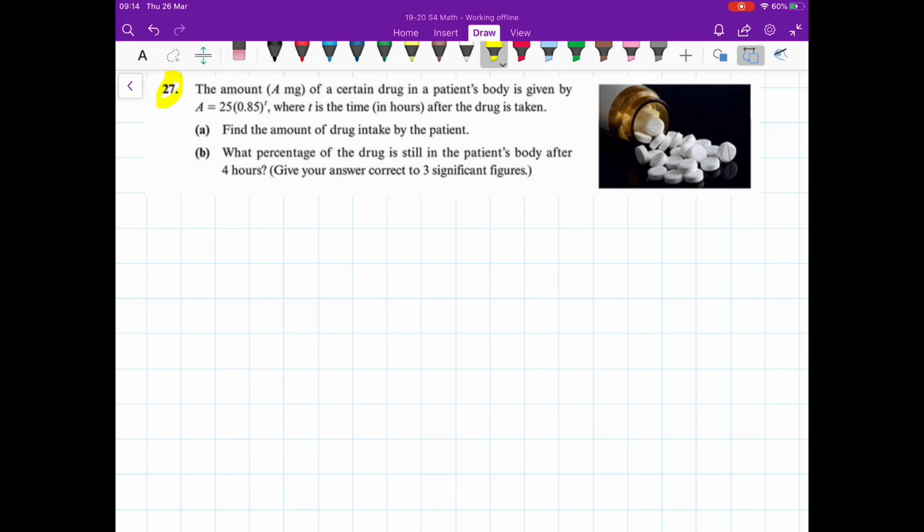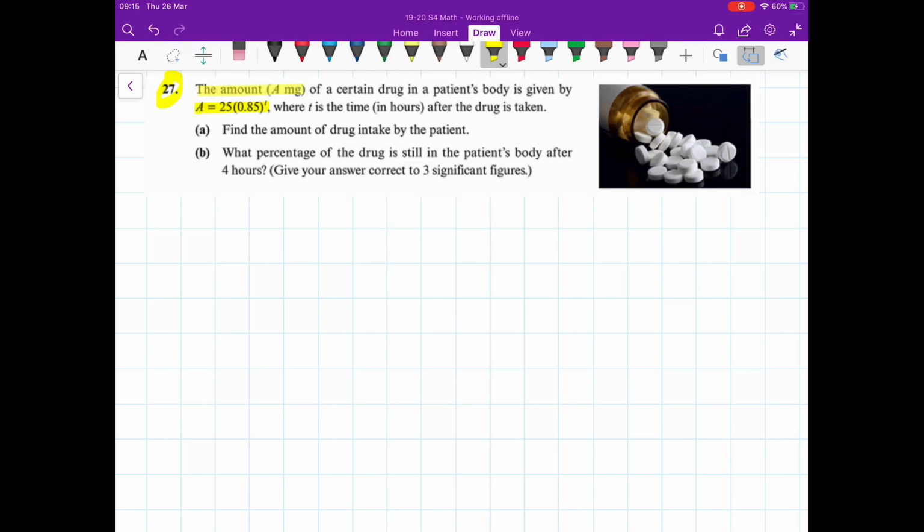So let's take a look at question 27 together. In this question, an exponential function is given, that is A equals 25 times 0.85 to the power t. Let's identify A and t together.